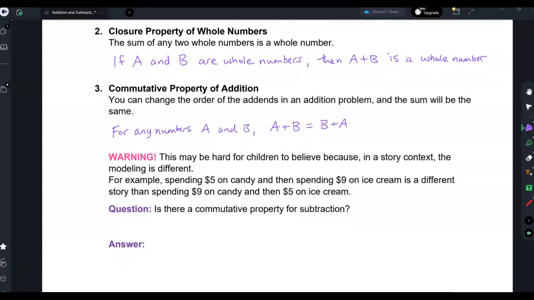So we can use it for subtraction if we're very careful and keep the subtraction symbol with the number being subtracted.